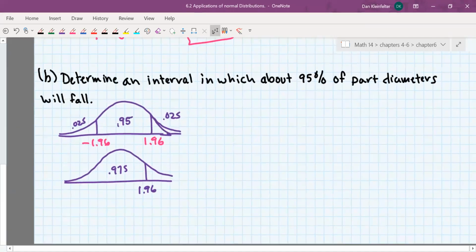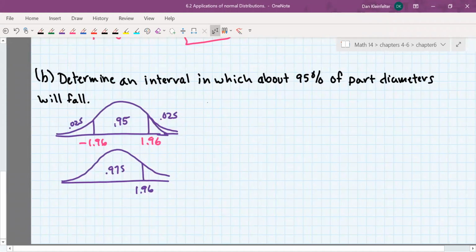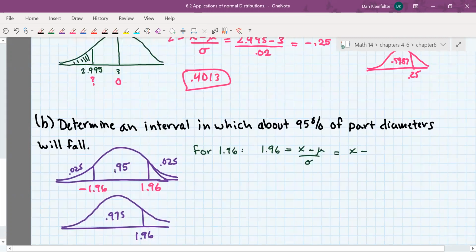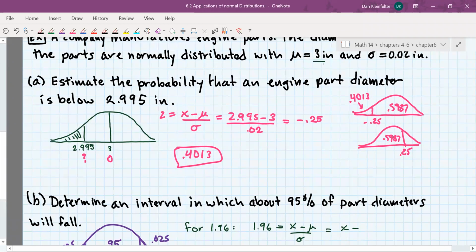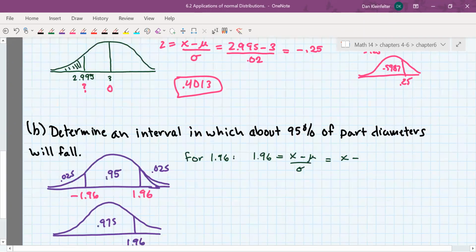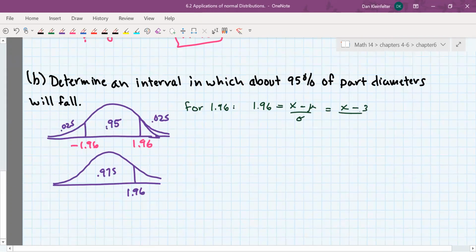We're given z values, and we need to turn them back into x's. So for 1.96, that z is x minus mu over sigma, and that's x minus, our mean was 3, our standard deviation 0.02. Okay, so here's your algebra prerequisite coming into play.